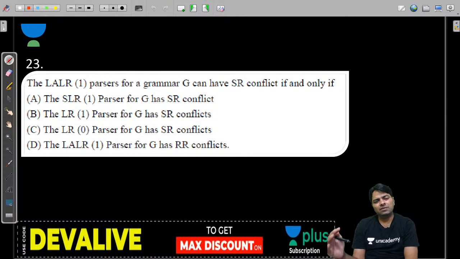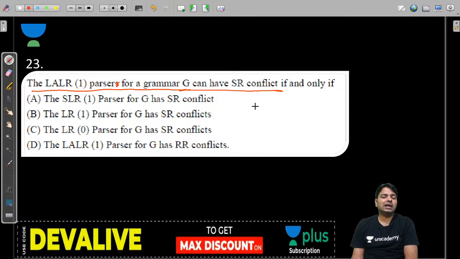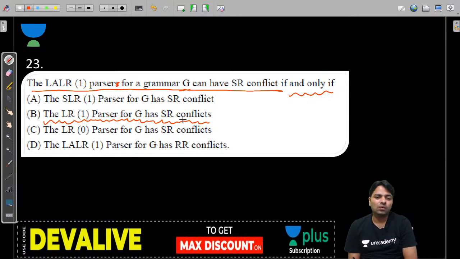And the LALR1 parser for a grammar G can have an SR conflict. The LALR1 has an SR conflict. The reason behind it is it is possible only when LR1 has the same conflict. If the LR1 parser for G has an SR conflict, then you will definitely see it in LALR1 too.